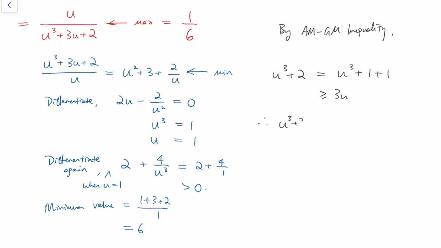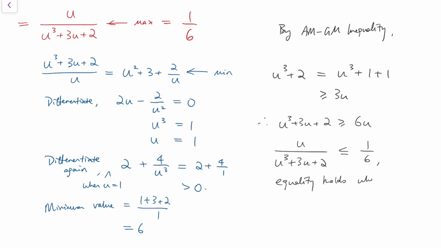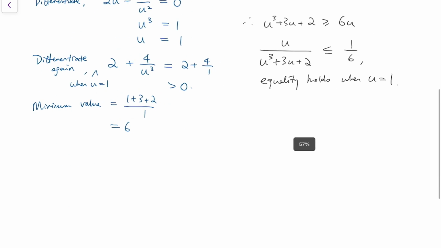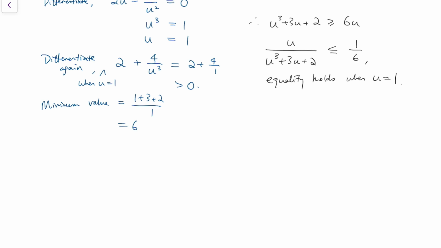So therefore, the denominator is at least 6u, and that means the given fraction is less than or equal to 1 over 6, and equality holds when u equals 1. So from these two approaches, we can also obtain that the maximum value is 1 over 6.